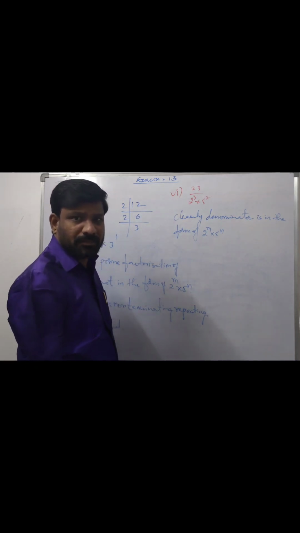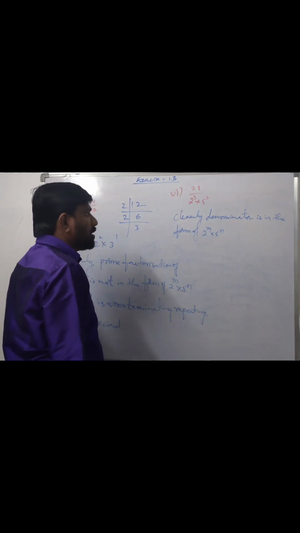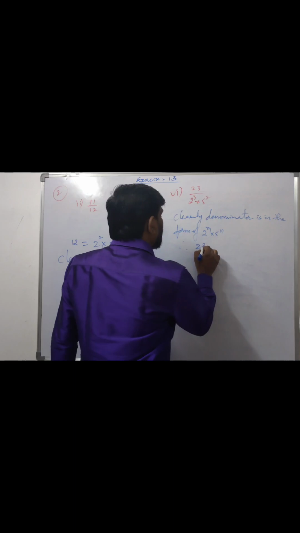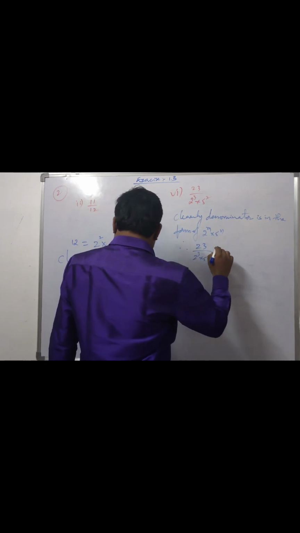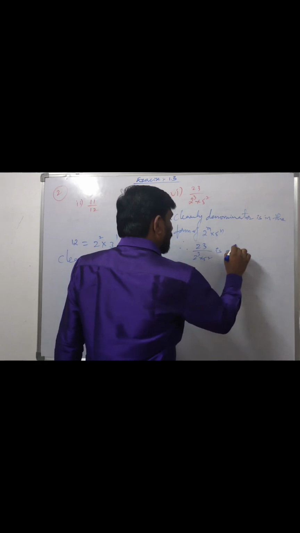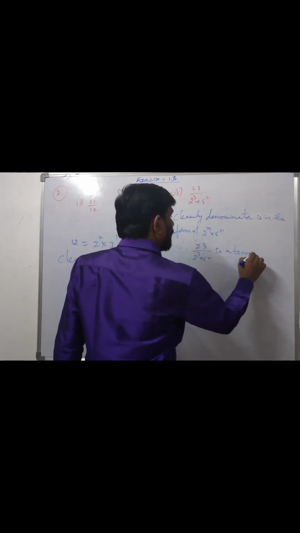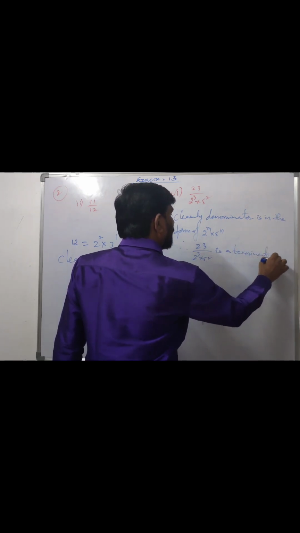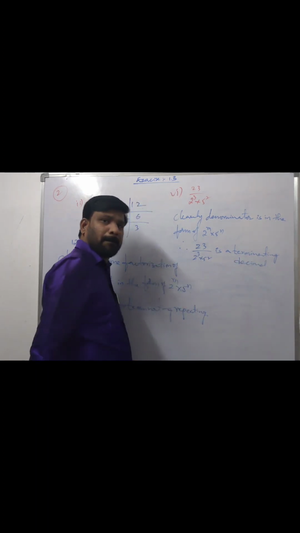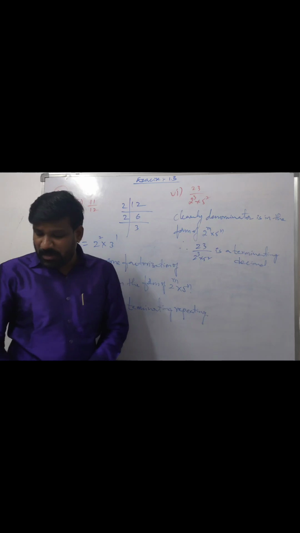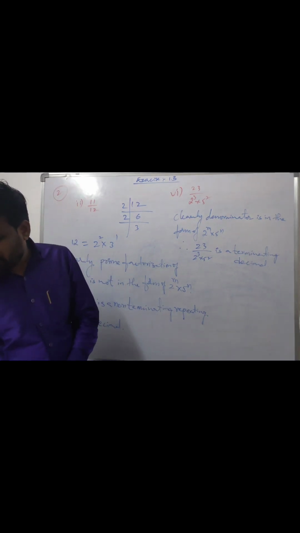Are you following? So therefore 23 by 2 cube into 5 square is a terminating decimal. Done? Right. In this one more problem, let us cross check here.